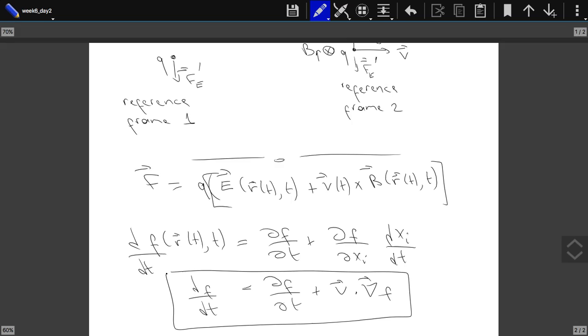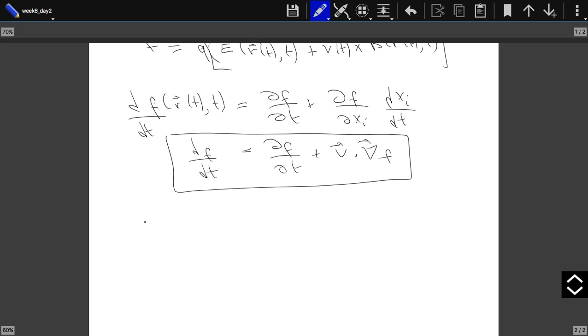Now let's go back to our force. The force is the rate of change of momentum.